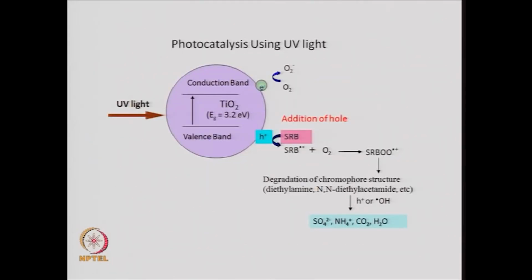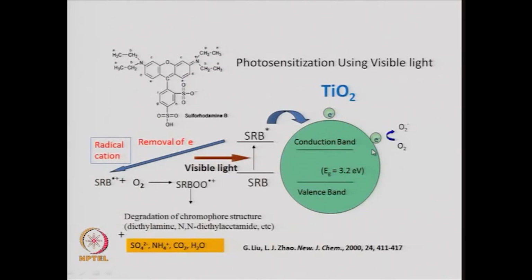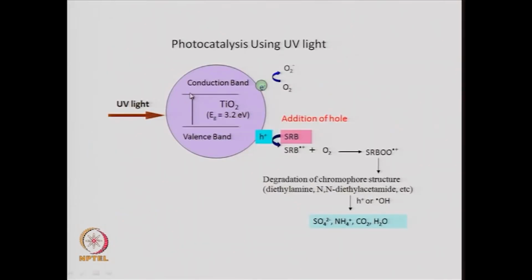Now, in the previous case we photosensitized using visible light. Now, let us look at another problem where we can do photocatalysis using UV light and with the dye, but this is another mechanism. So, under UV light, the energy will be absorbed now by TiO2.